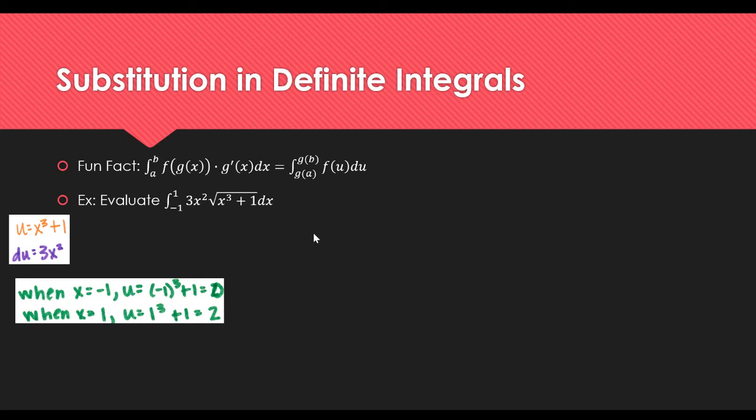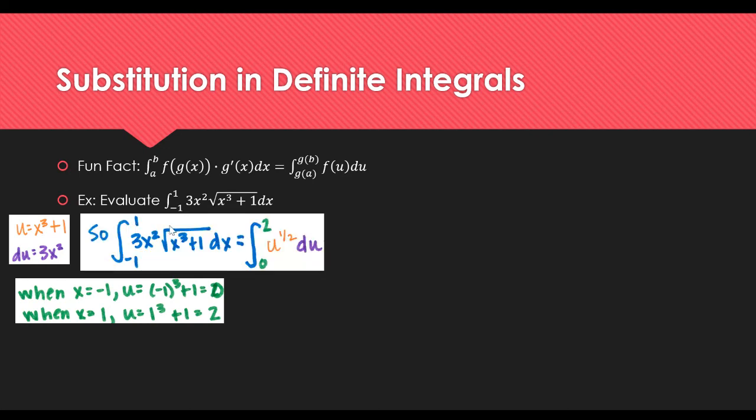So now we're going to rewrite our integral and say, okay, this original problem would be the same thing as the integral from, instead of -1 to 1, now it's going to be 0 to 2, of the square root of u, which I'm going to write as u to the 1/2, and then that 3x squared dx turns into du. And now I just need to solve this and I'm done.